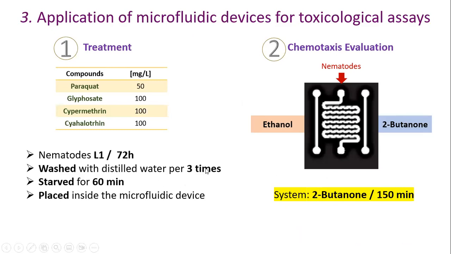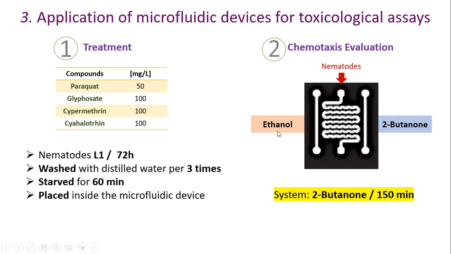With these parameters determined in the device, we proceeded with the third objective, which is the application of the device in toxicological tests. For this, first we treated the nematodes with these 4 compounds: paraquat, glyphosate, cypermethrin, and cyhalothrin. And after, we evaluated their chemotaxis behavior with the aforementioned system.